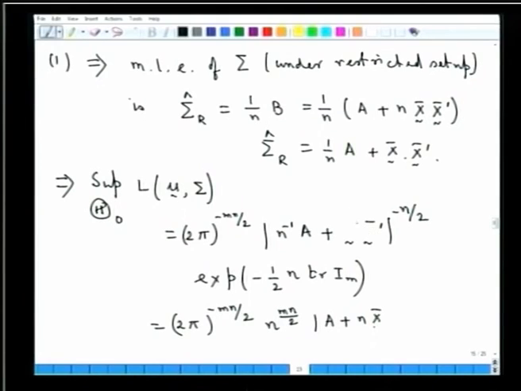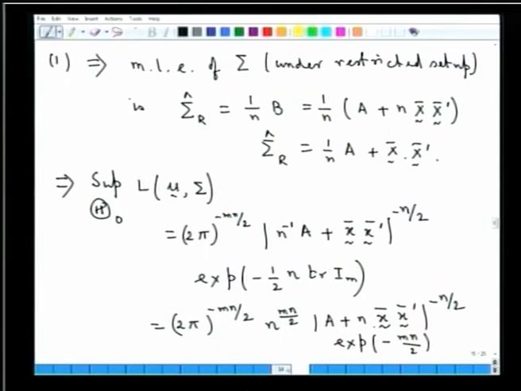So we will have this written as small x bar transpose, and similarly this would be the small x bar because this is in the likelihood function, x bar transpose whole raised to the power minus n by 2, and then we will have e to the power, this is going to give us m times m. So this is minus mn by 2, right?